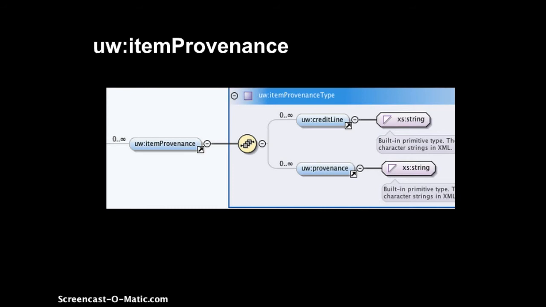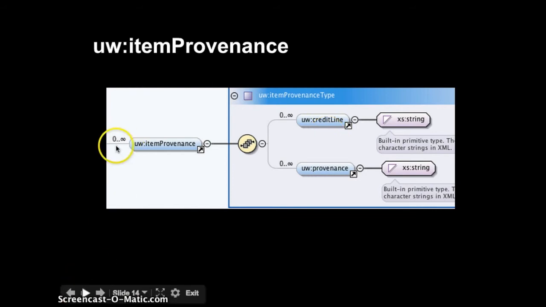How has it changed between hands throughout its history? Related to that is also the credit line. So if an item was donated to the museum by a family that had owned it, that item of the provenance would be related because their name would be in the credit line if they requested that.